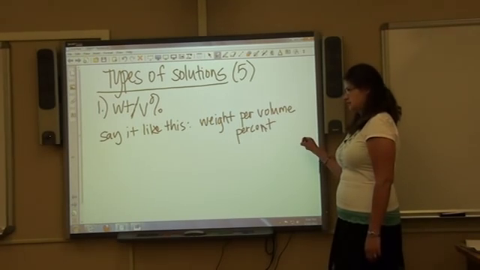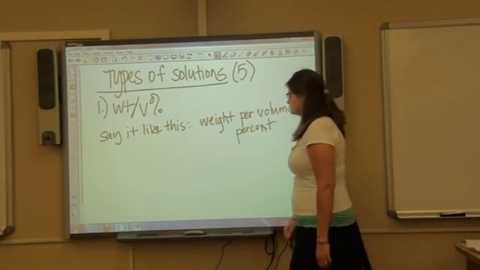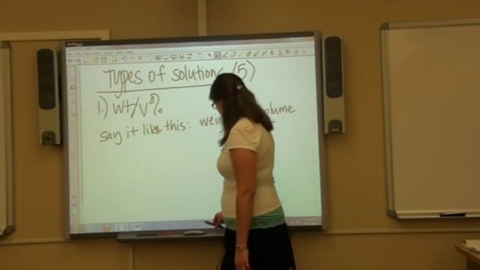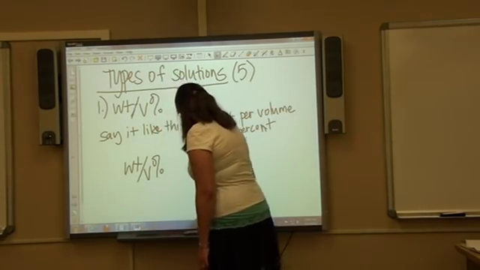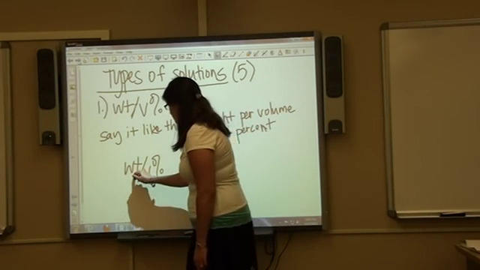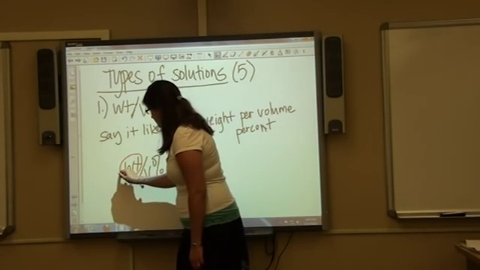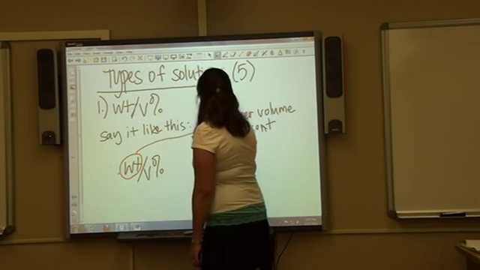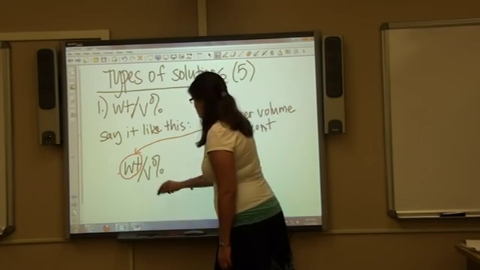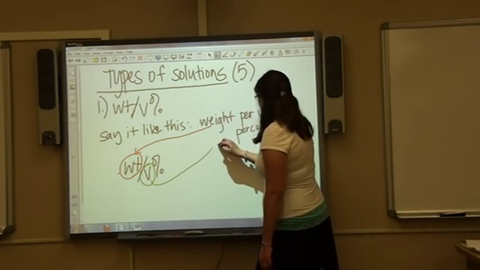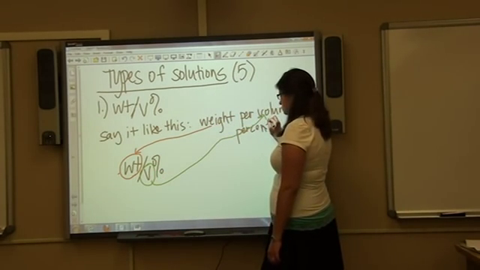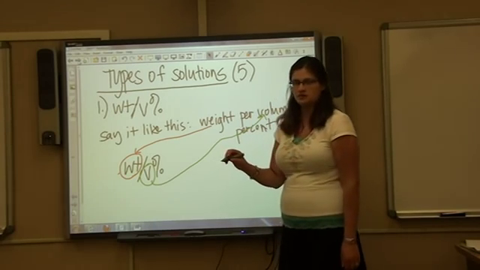Weight per volume percent. Okay, so a couple of things then. WT stands for weight. V stands for volume, and the percent sign is percent.